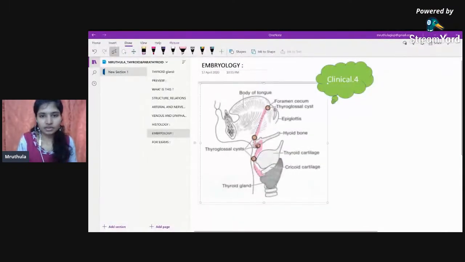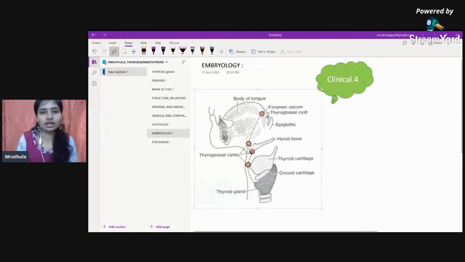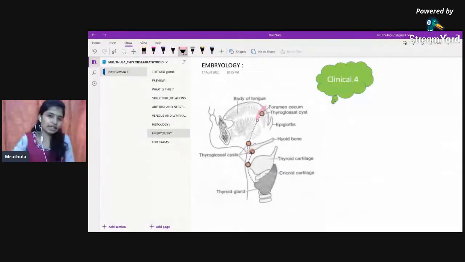Okay. Now back to this picture. In this, there is an important embryology clinical correlation to be discussed. Just have a look at this diagram. We'll see the course slightly. Starting from the foramen cecum at the floor of the embryonic pharynx, the endodermal thickening forms the thyroglossal duct.